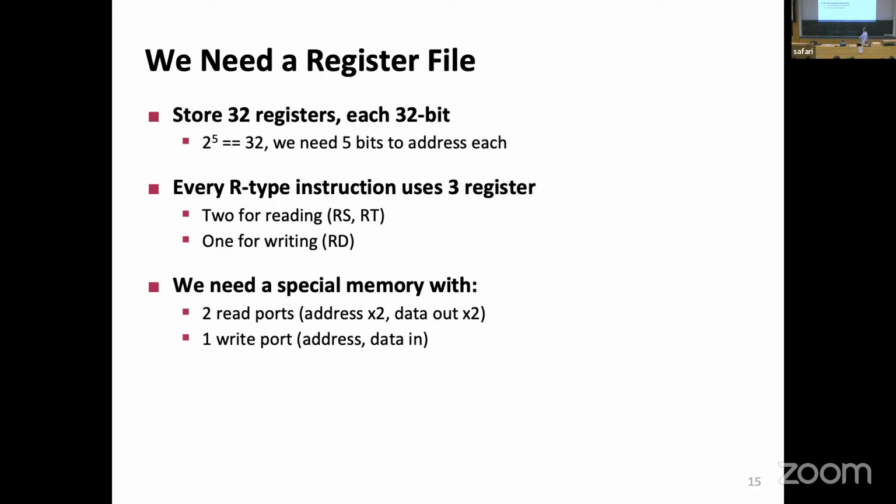Then we talked about the register file, so this guy here. Since R-type instructions need at once 2 32-bit values, calculate something and write it back, we say we want a special memory. This memory is small, therefore I can afford to make it special.